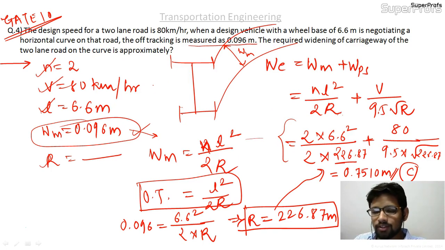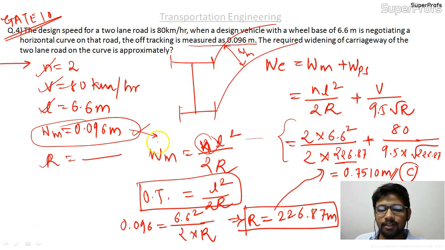Instead of directly asking the question, they included a slight trick, and that is where most students get confused. In fact, when they say the off-tracking is so and so, students blindly use N equal to 2 in this formula and make a mistake. Even though they have put effort into keeping the formula in mind, they make such mistakes, which leads to a bad score in the GATE examination.